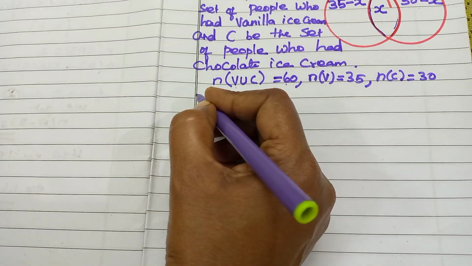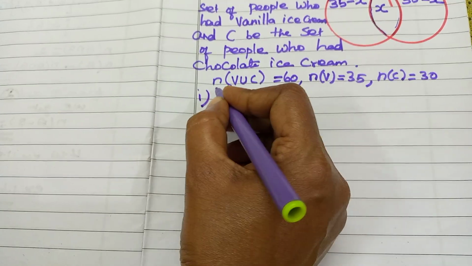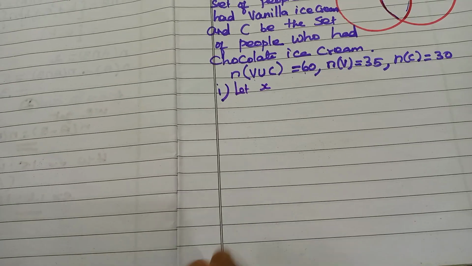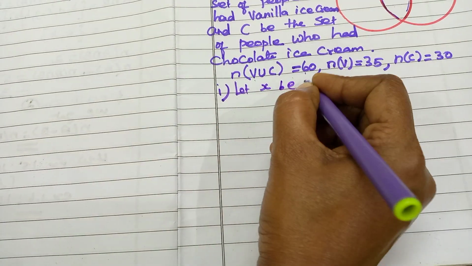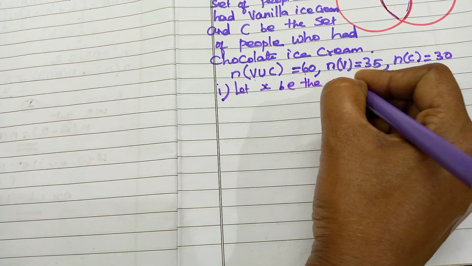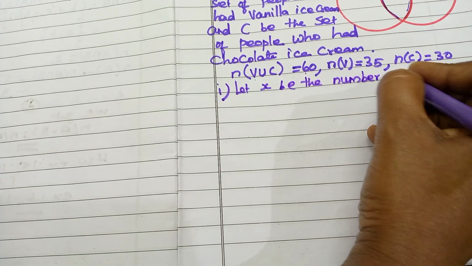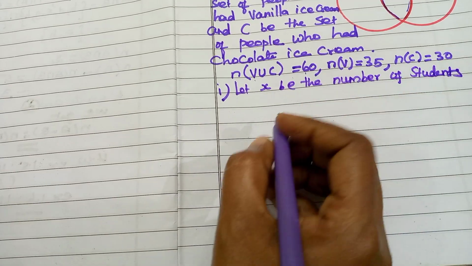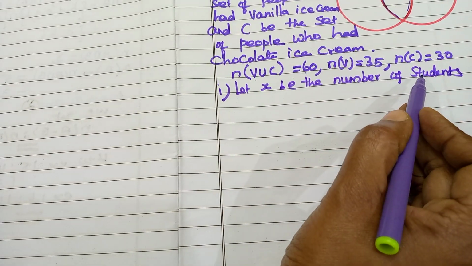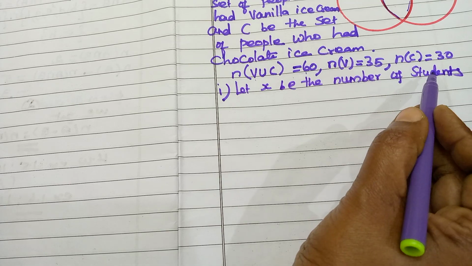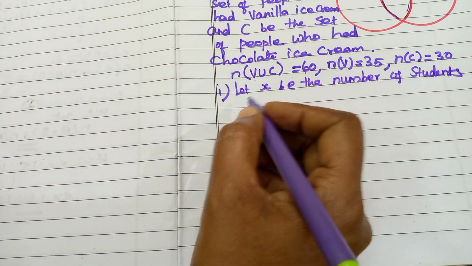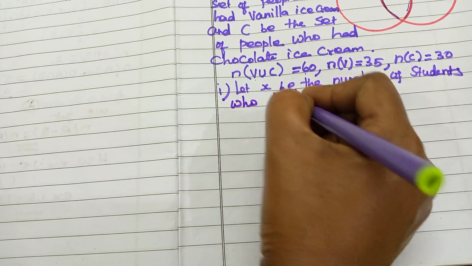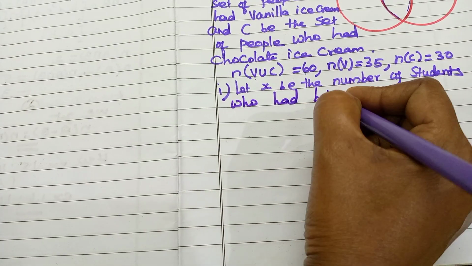Now first subdivision we are going to verify. Let X be the number of students or people who had both ice creams.